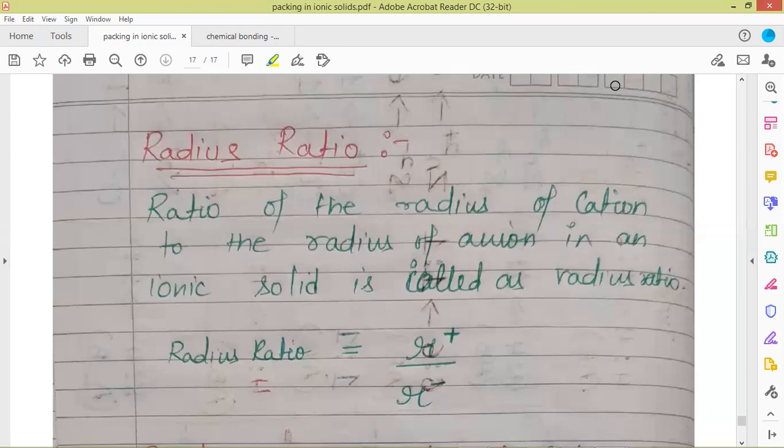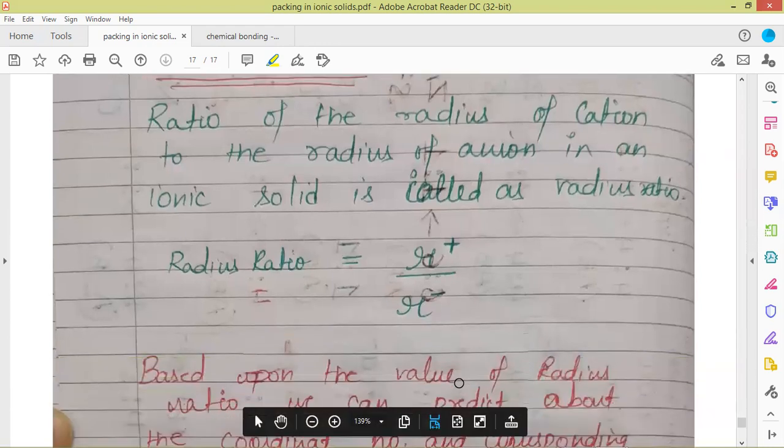So there comes a rule for this, which is called the radius ratio rule. It says that the ratio of the radius of cation to the radius of anion in an ionic solid is called the radius ratio. That is, r positive is the radius of the cation and r negative is the radius of the anion.